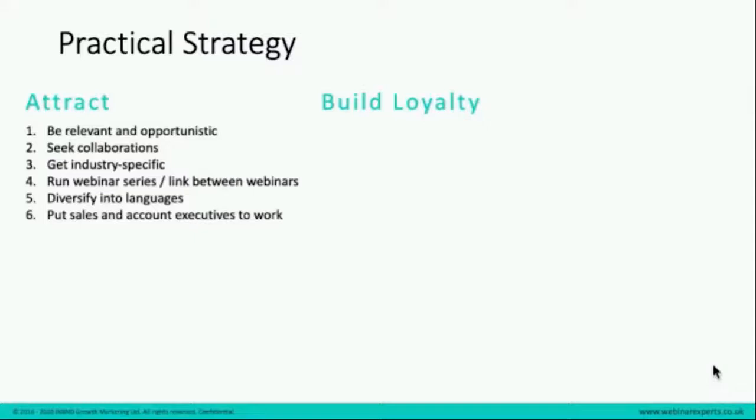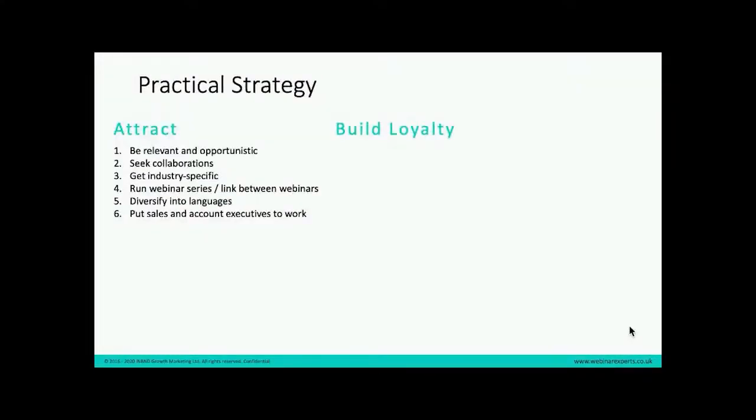The point 6 then is put sales and account executives to work. You will have marketing automation, sending out emails, and email is still the most productive way of promoting your webinars and getting registrations. But ultimately, the real relationships with prospects and customers are held in sales teams, in account executive teams. And those relationships are probably the most relevant to you as well.